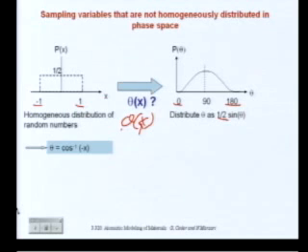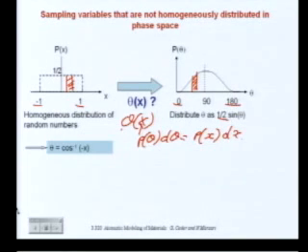I've written down the solution, but the way you find that is by saying that in a given interval around theta, you should have the same states as a given interval around x. So that means that p theta d theta has to equal px dx. And this is 1/2 sine of theta d theta. Px is 1/2 because it's normalized there, so 1/2 dx.